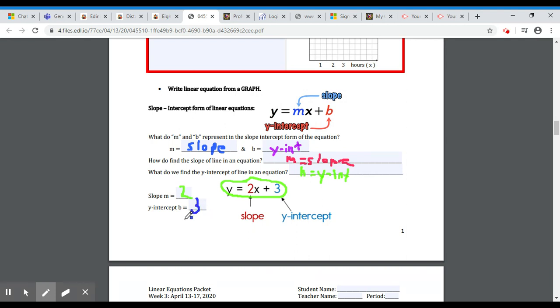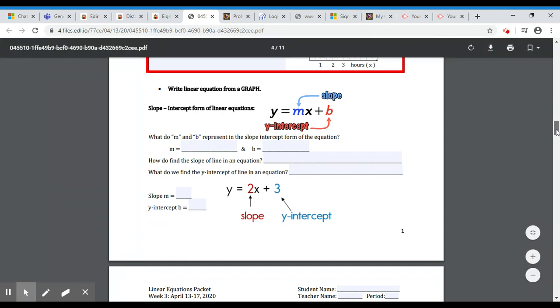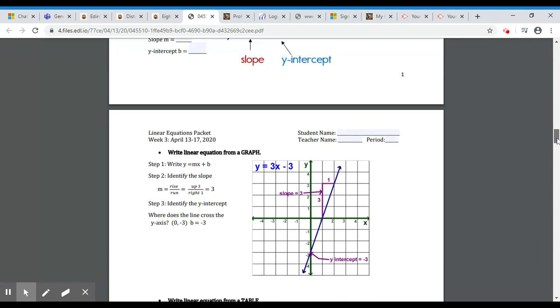Now if they ask for it in an ordered pair, remember it's always 0, comma, the y-intercept, because x is always going to be 0. Okay, that's just a quick little overview. That's the easier part, identifying it from an equation, which we have done.